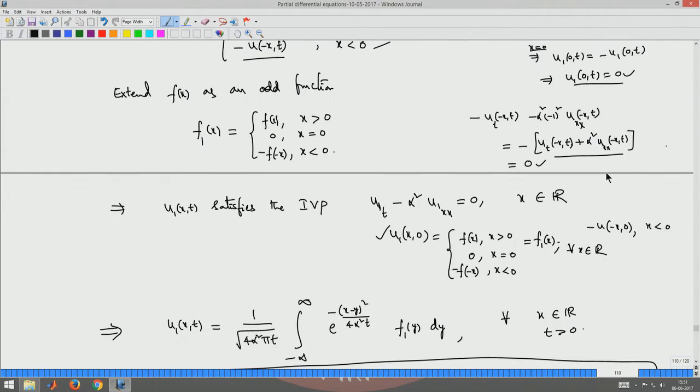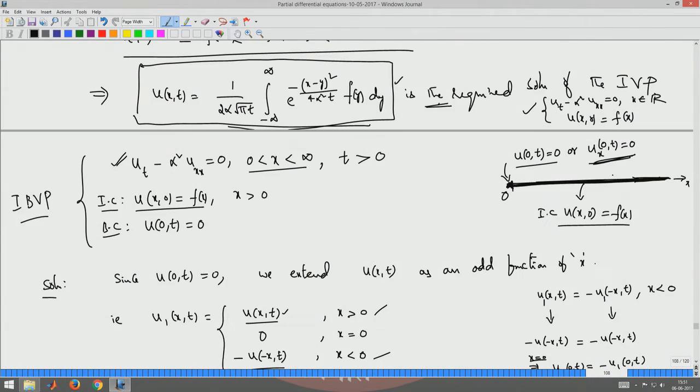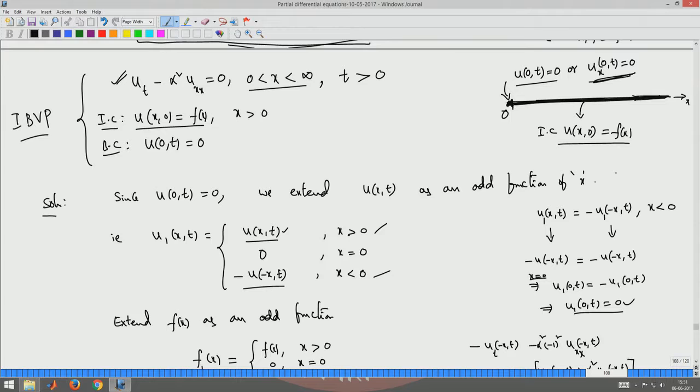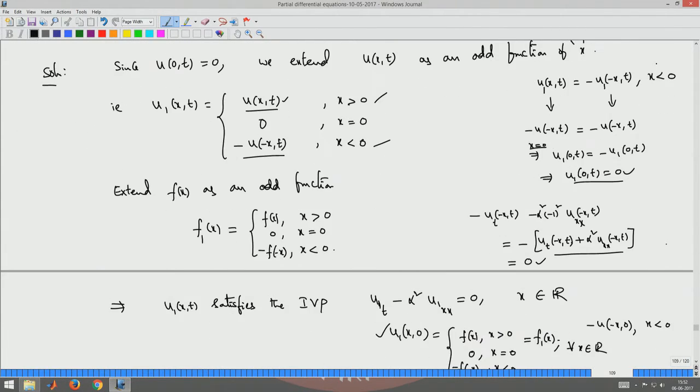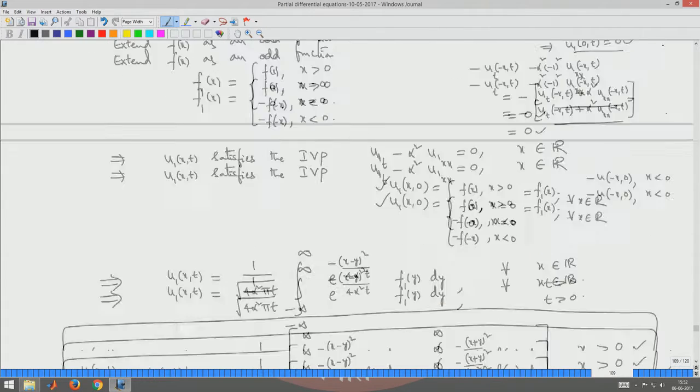So, you will do the same thing now. Consider this problem: the heat equation with the same initial data, and now this boundary condition.